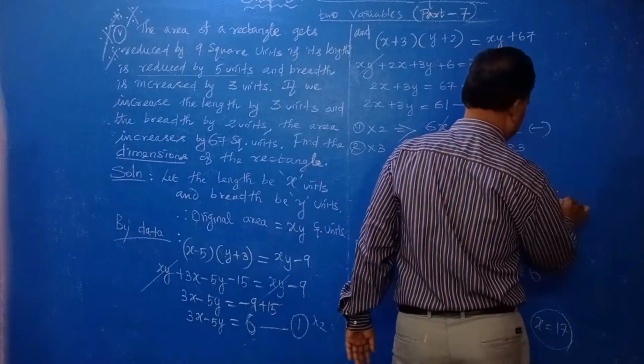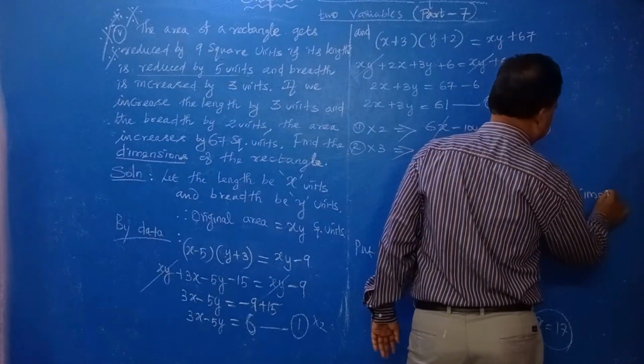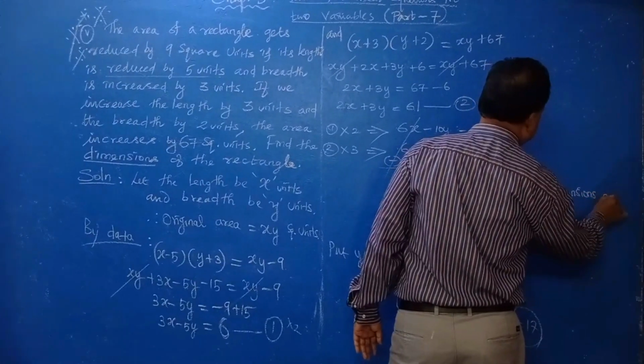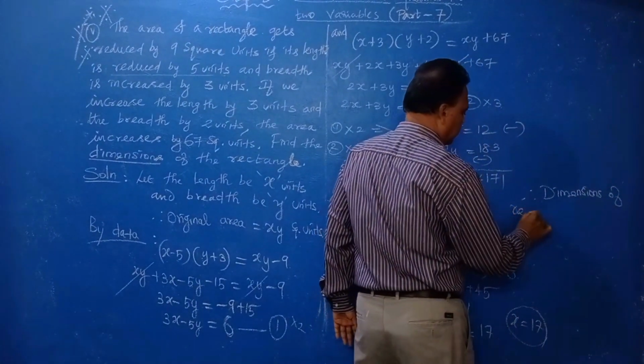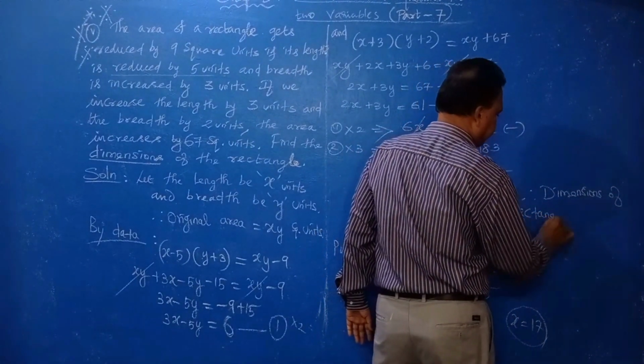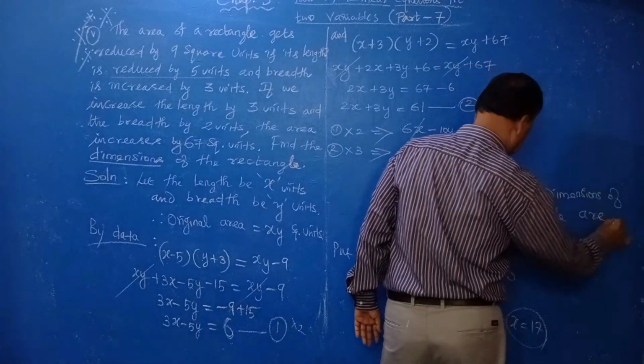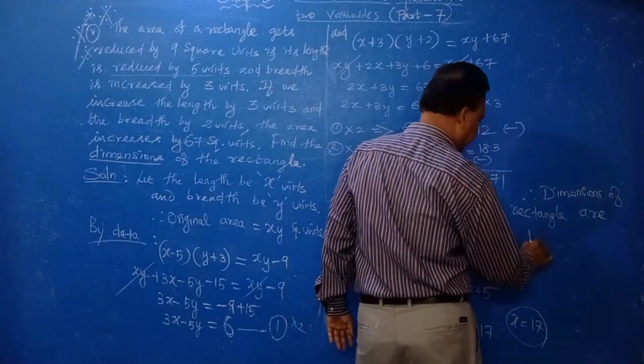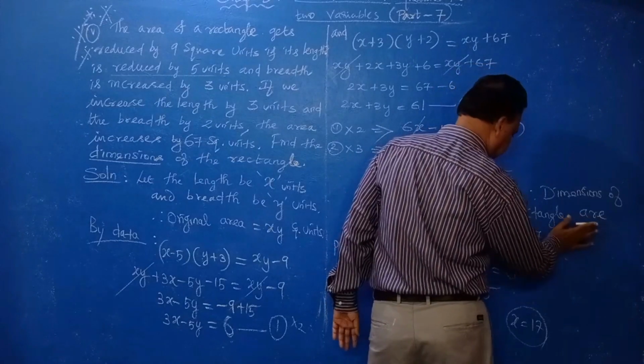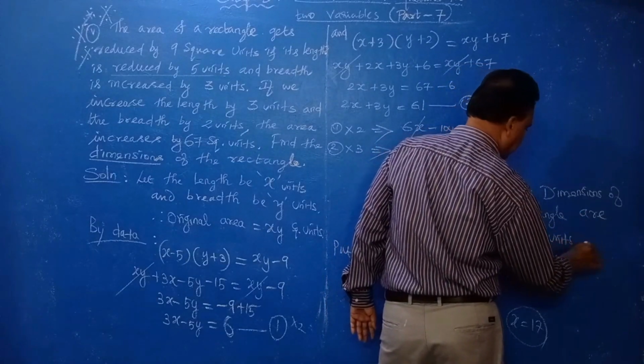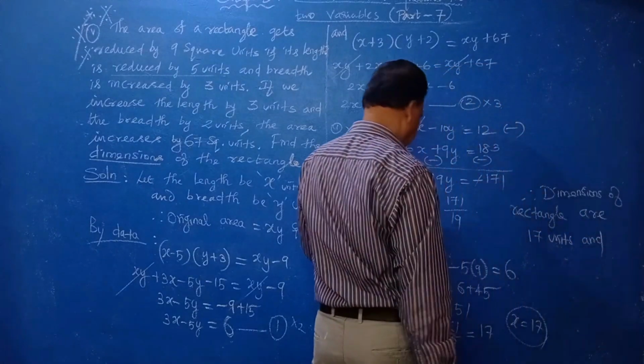Therefore the dimensions of the rectangle are 17 units and 9 units, you write.